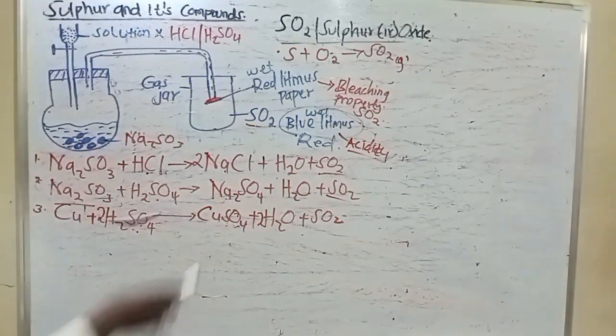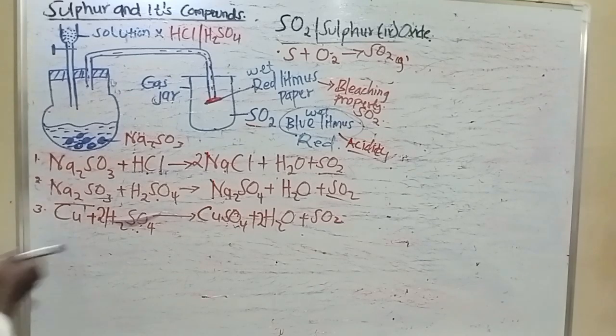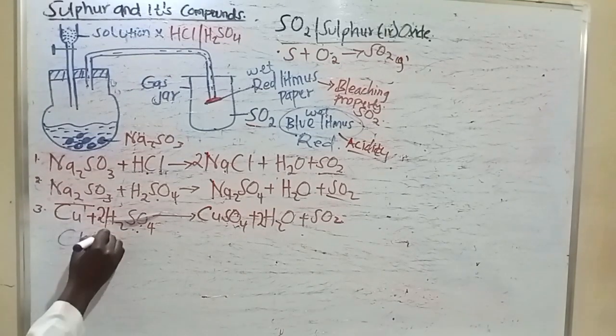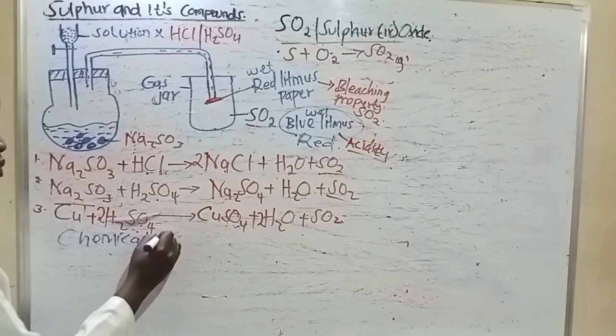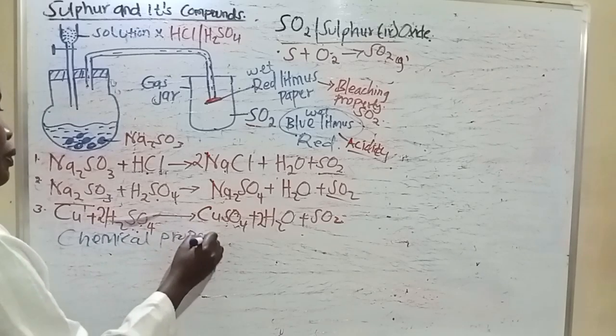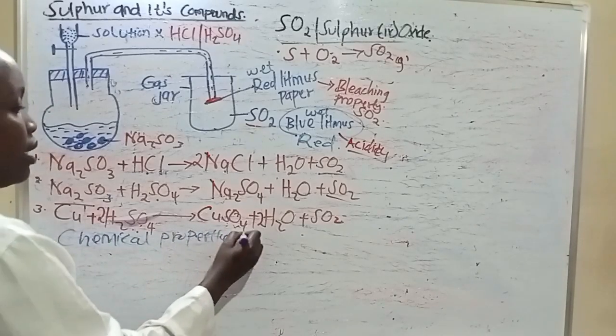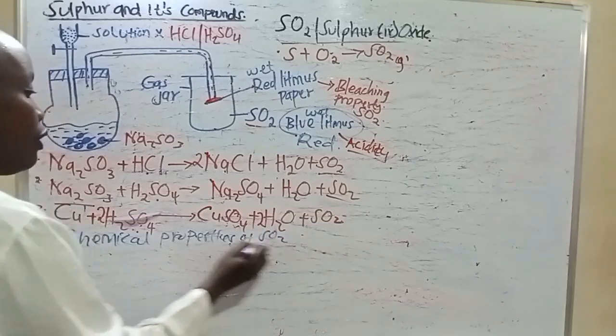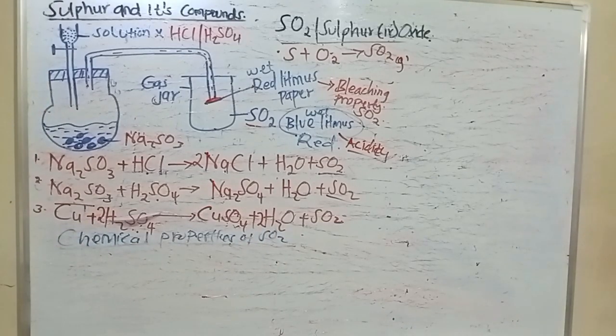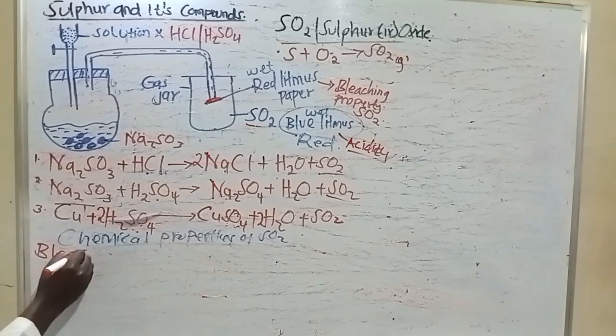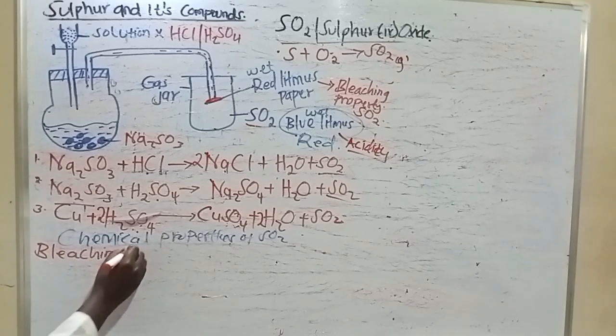So the reaction that is going to occur there, let me write here. We are going to write it as chemical properties, okay? Properties of sulfur 4 oxide. One is the bleaching property.